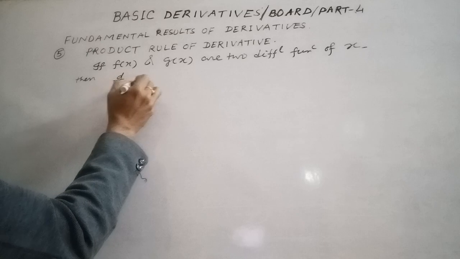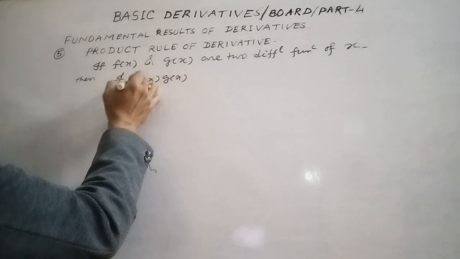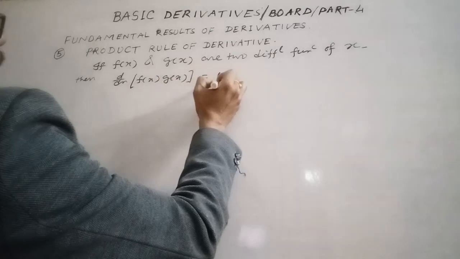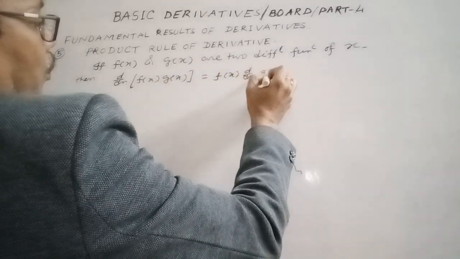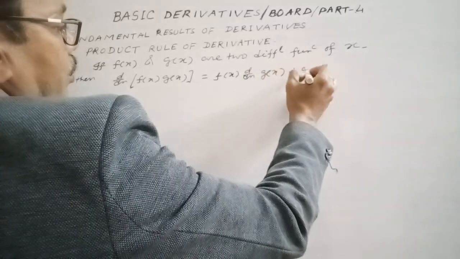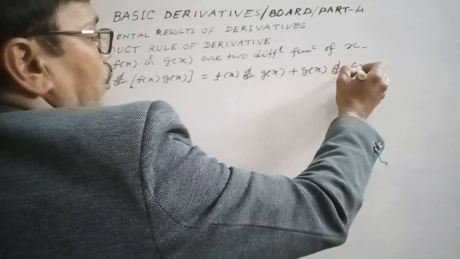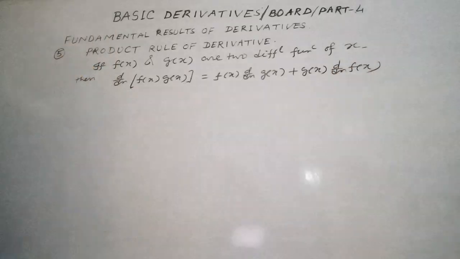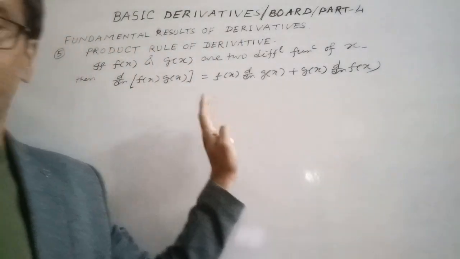d/dx of f(x) into g(x): f(x) unchanged, d/dx of g(x), plus g(x) unchanged, d/dx of f(x). So this is plus, that's why we can interchange it.